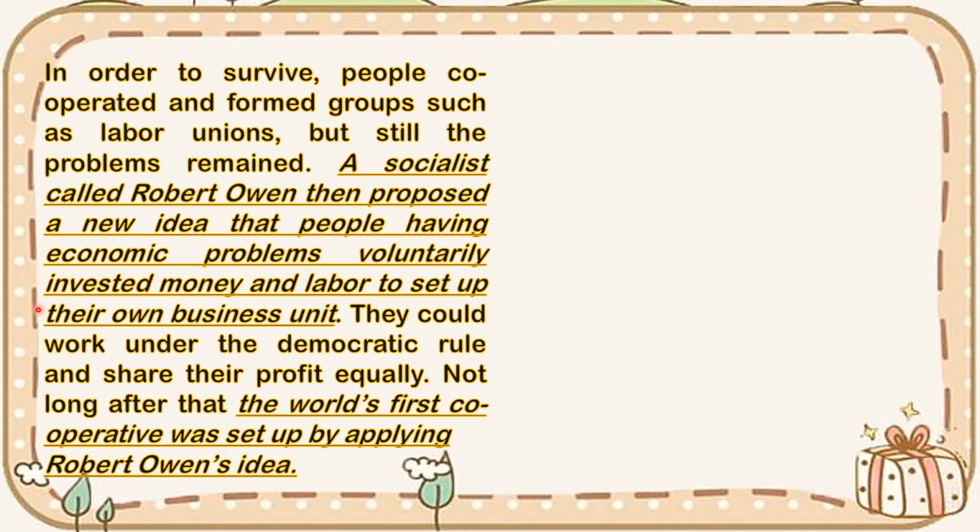Okay, so that's a good one. They could work under democratic rule and share their profit equally. They share their money, they make a business. So of course, when they gain profit, they must share it equally as well. Not long after that, the world's first cooperative was set up by applying Robert Owen's idea.